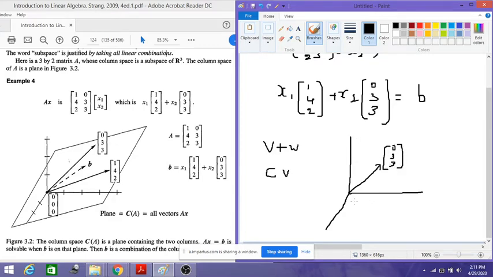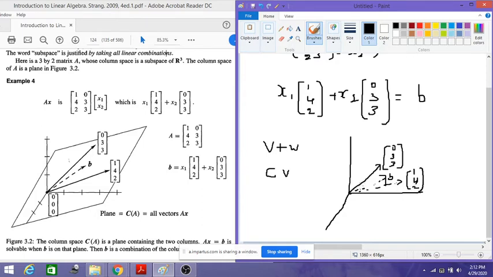If you define this three dimensions, b will be in the same plane here, and 1 4 2 is also in the same plane with the vector. So here somewhere it will come, 1 4 2.